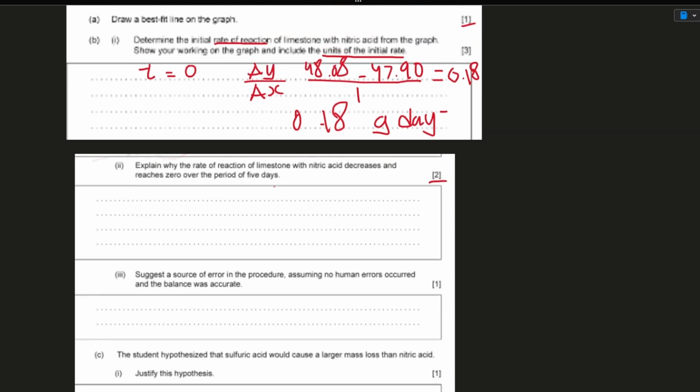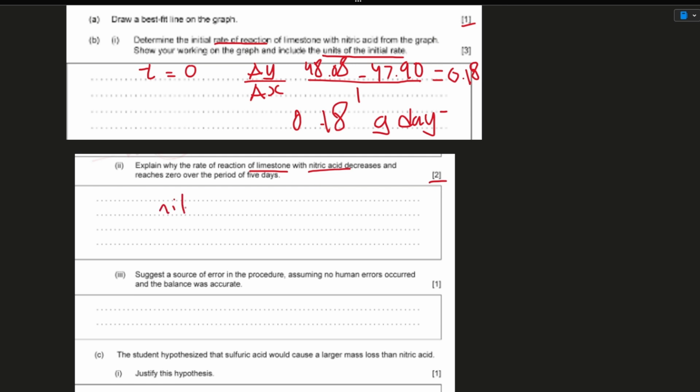So one of the points immediately that points out is that the acid is being used up. So since it's reacting the limestone with the nitric acid, as the acid is being used up, the rate of reaction obviously decreases.